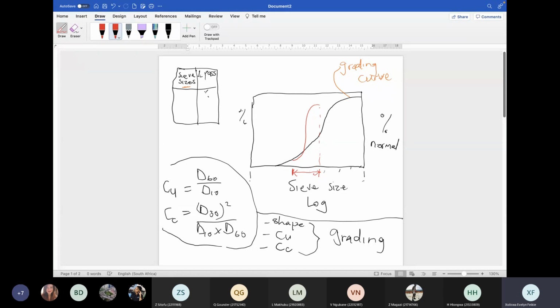Then it means that the soil you're talking about is poorly graded because some particles from here to here, the bigger ones, are not there. Even from here to there, the smaller ones are not there. That's how they will say that soil is poorly graded or that soil is gap graded or whatever.